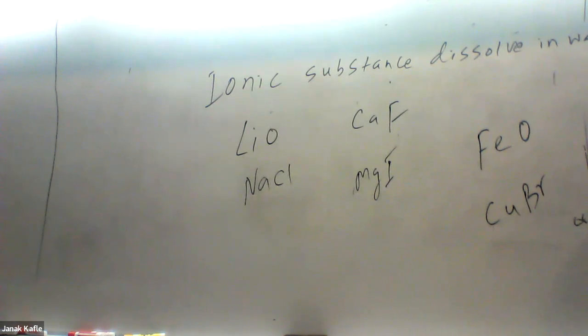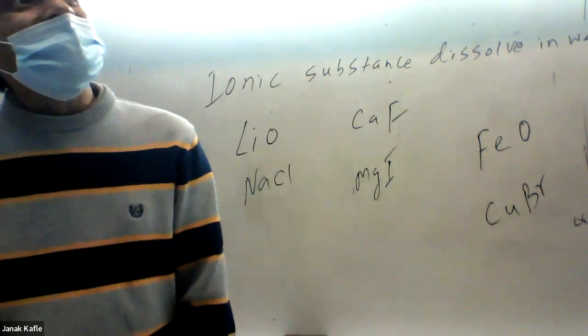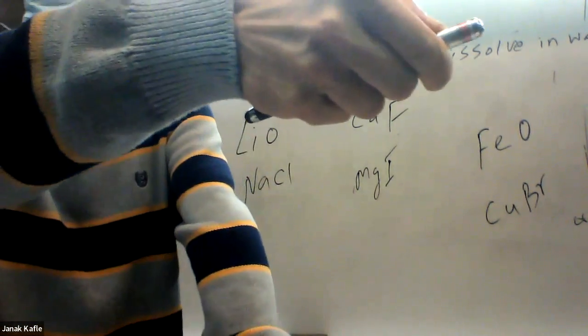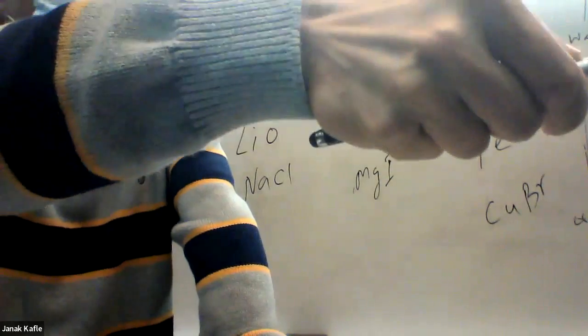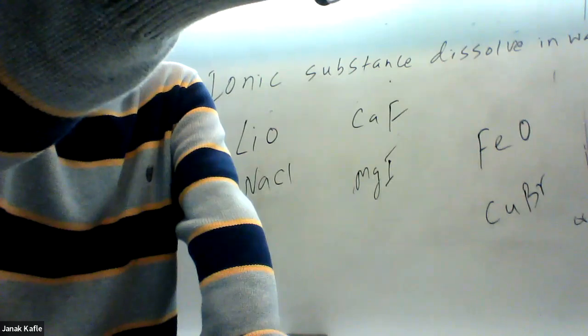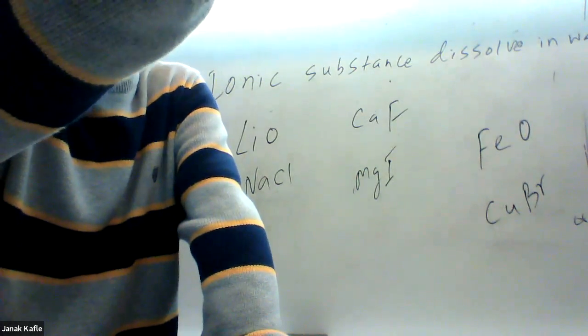Look here, all those black elements in the periodic table are metals. Hydrogen is a non-metal, all these are metals, and this boron and carbon are not metals, but aluminum and gallium are metals, and these red ones are all non-metals.